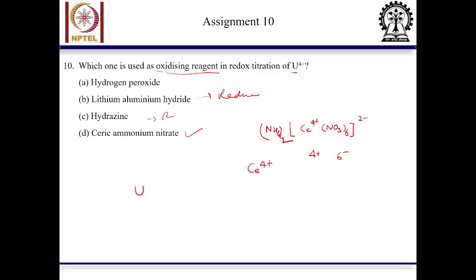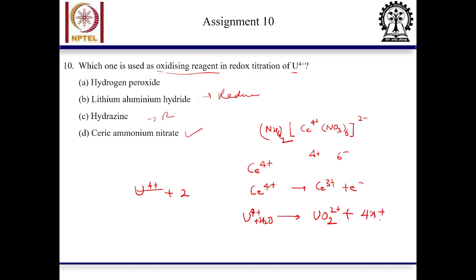Now, what redox reaction will happen? Cerium 4 plus goes to cerium 3 plus by taking an electron, and uranium 4 plus takes water molecules and forms uranium oxide, UO2 2 plus, with 4H plus.